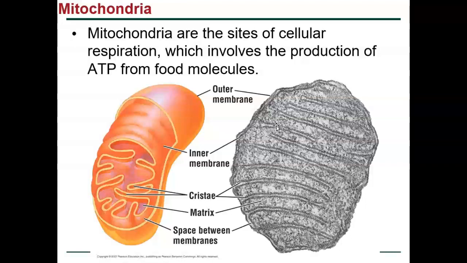Now, one thing beginning students always get mixed up is that mitochondria are in both animal and plant cells. Animal and plant cells both have to do cellular respiration, which is all about chapter 6. So cellular respiration is basically breaking down sugars to get energy. So we'll talk about that in a few weeks.